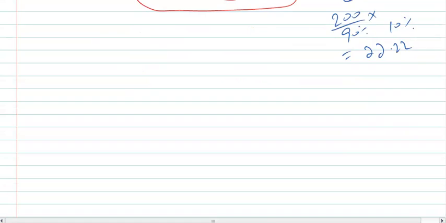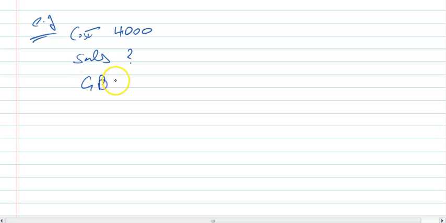Now look at another example. Suppose they have provided cost of 4,000, and sales is missing, you have to find it, and gross profit is 20%. They said that is margin.